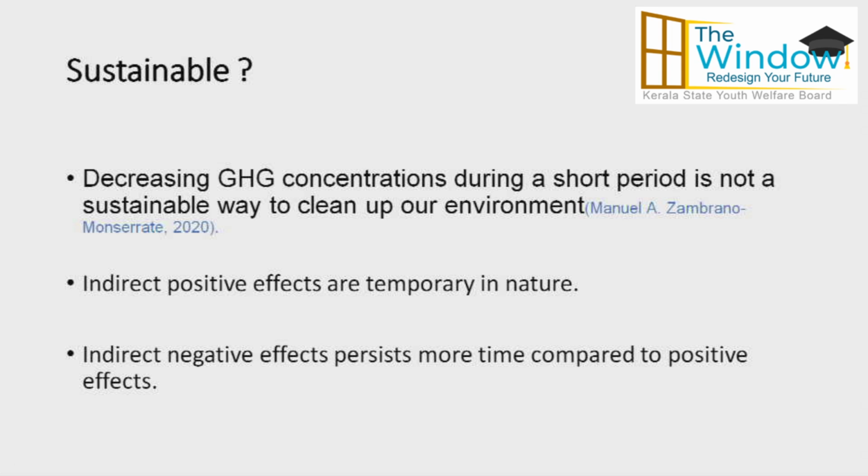Whether these positive aspects are sustainable or not? The decreasing GHG emission, that means greenhouse gas emission concentration, during a short period is not a sustainable way to clean up our environment. There are indirect positive effects, but these are of very short duration or temporary in nature.